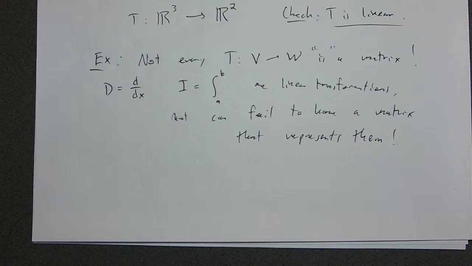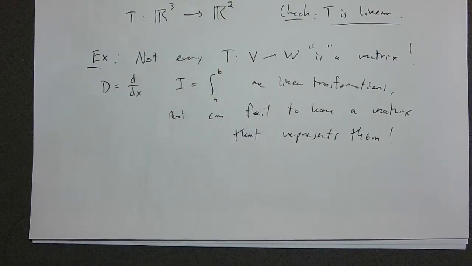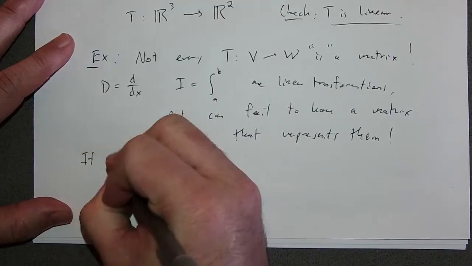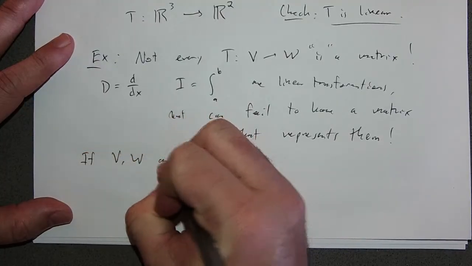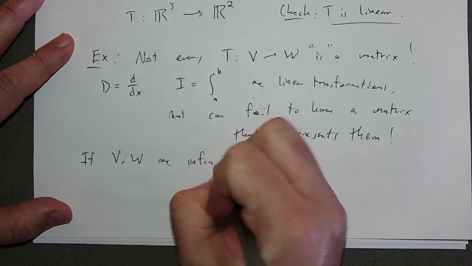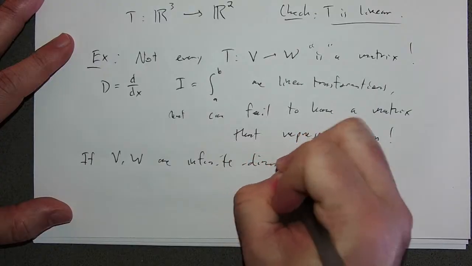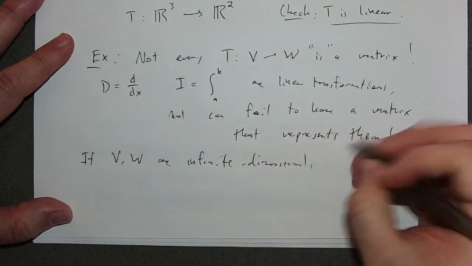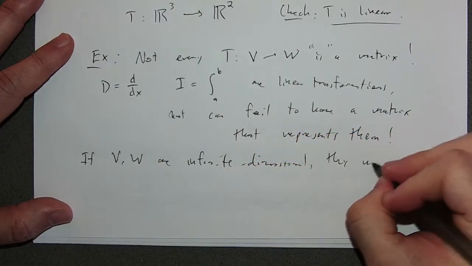Notice I said might not, because in the case that V and W are finite dimensional, they actually are going to have a matrix representative. But if V and W are infinite dimensional, they will not have a matrix representation.